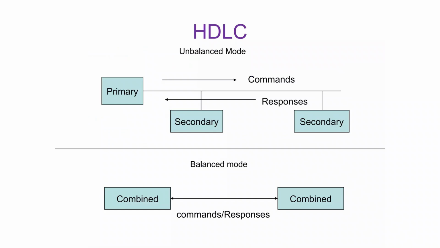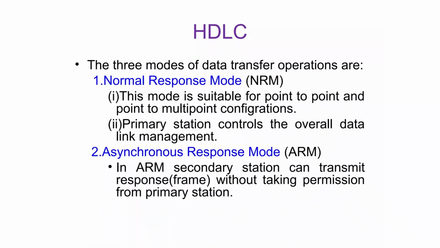They cannot take any decision. And the second one is the balanced mode. In balanced mode, we are using combined stations. So either station can act as a primary as well as secondary in terms of communication. So that is said to be a balanced mode.